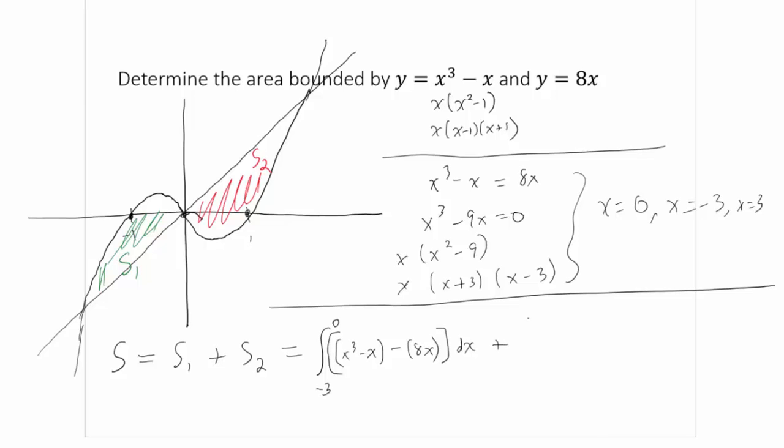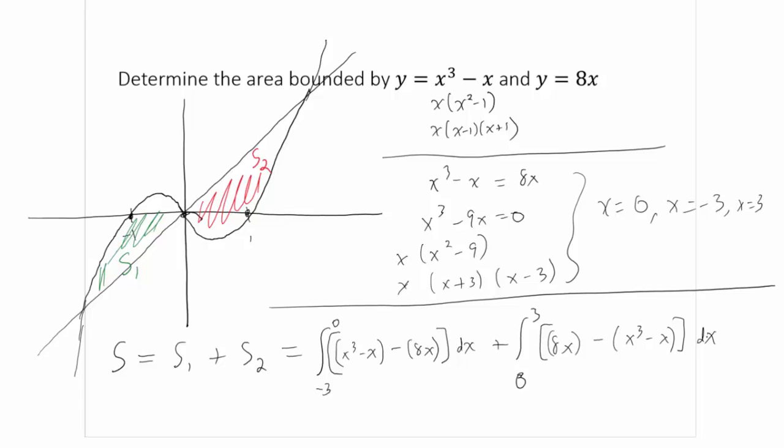Then S2 would be from 0 to 3. And over 0 to 3, the upper function is 8x, and the lower function is x cubed minus x. And again, with respect to x. And we can calculate each of these integrals.